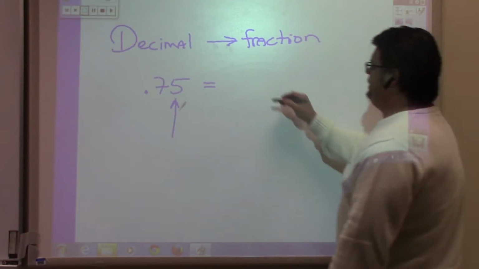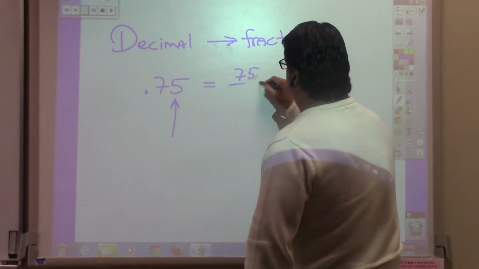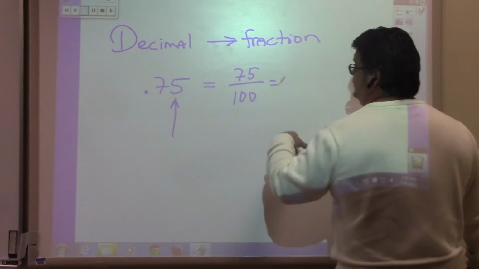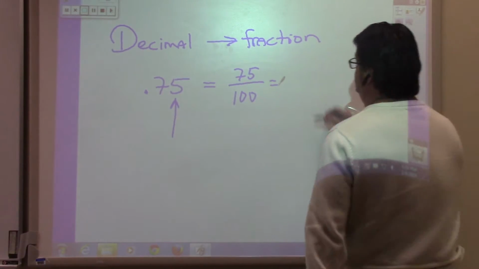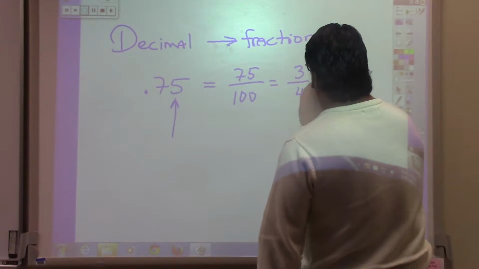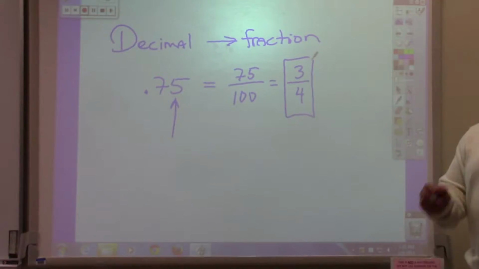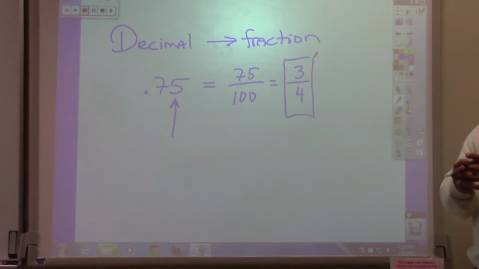So you put 375 over 1000. And now you reduce. 5 will go into 375, or 125 will go into 375, whatever you want to do. 3 over what? And there's how you turn a decimal into a fraction. Decimal into a fraction and fraction into decimal, that's basically two different forms of the number. All right? It's two different forms.